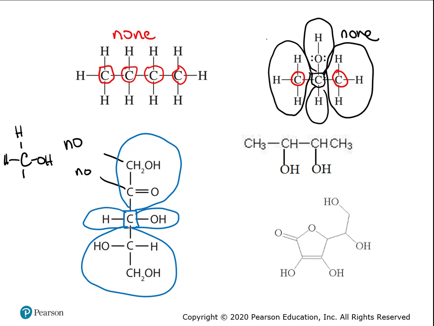No. In fact, if you count, yes, there's 2 carbons, but notice there's 3 hydrogens above and 2 oxygens. There's 5 hydrogens below and 2 oxygens, so they do not have the same number of atoms above and below. So this is a chiral carbon. And the only way that you're going to know that is to make sure that you look left, right, up, and down. Okay? Or if it's a crossed, just make sure that you do everything to the left, everything to the right, and what's above and below.